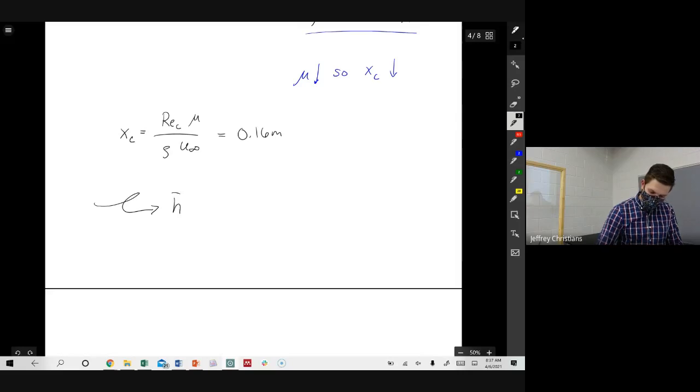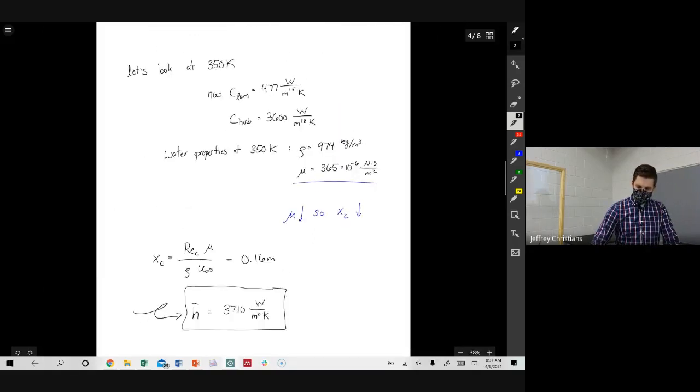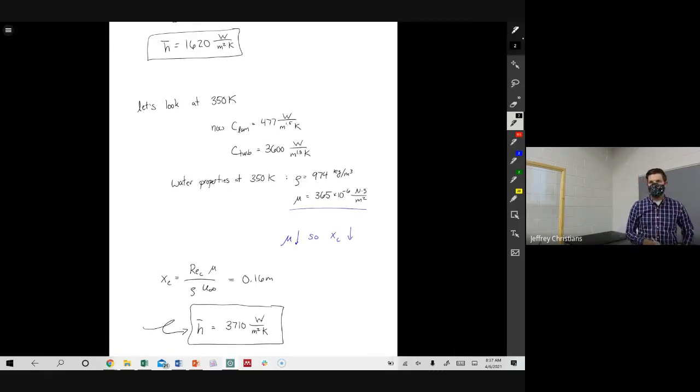If we went and did the same procedure to find h bar, this would be about 3710 watts per meter squared Kelvin. So we would get effectively more than a doubling of the convection coefficient.